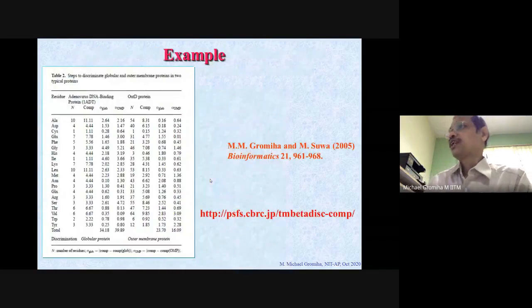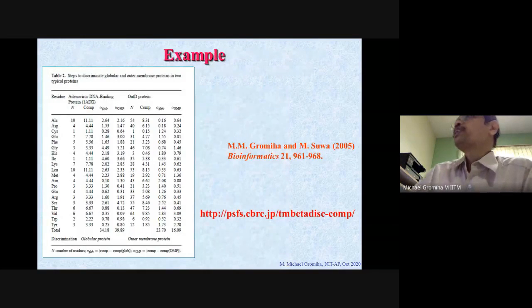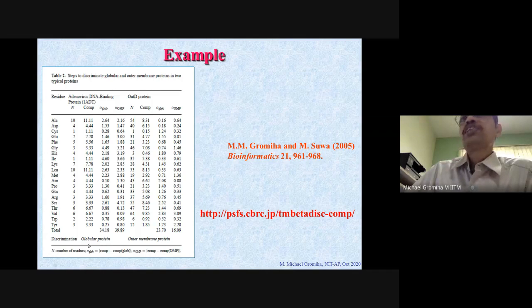Fine. Now I show an example. Here there are two proteins I gave. One is the DNA binding protein, one is the membrane protein. Here this is the number of residues, N, and this is the composition, and this is deviation. This is the deviation from the globular protein, and this is the deviation of the membrane protein. If you see here, this is less, 34, so they classify this as a globular protein. On the right side, which one is smaller, for the globular or the membrane?